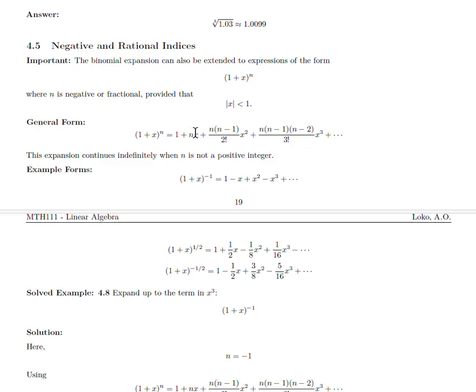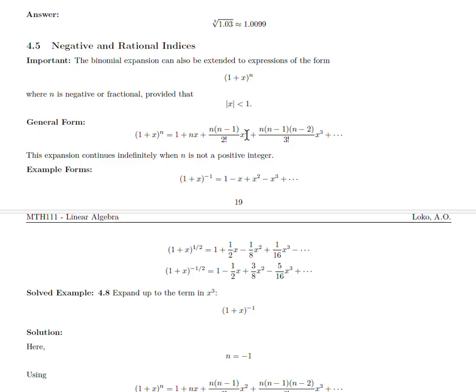In the first term, we have x raised to power 1. You can see n is decreasing like factorial. Here we can see we have over 1 factorial.